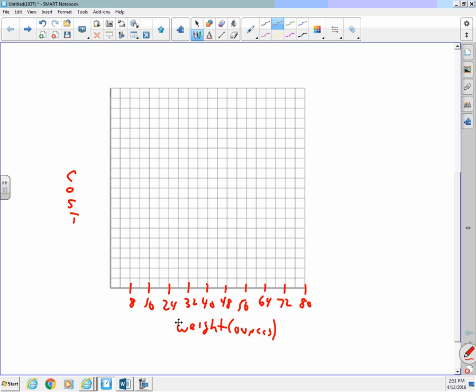And then we're going to have a little bit of a break here because our costs, we're going to start at 1175, our smallest, and we're going to count by ones from there. Make sure we get up to 24.